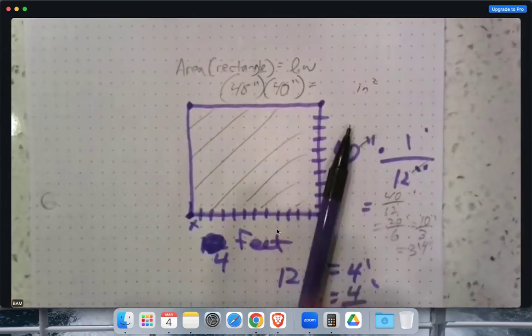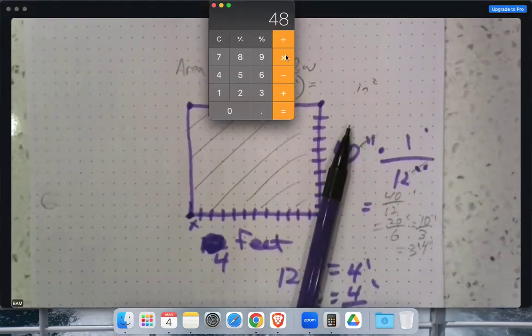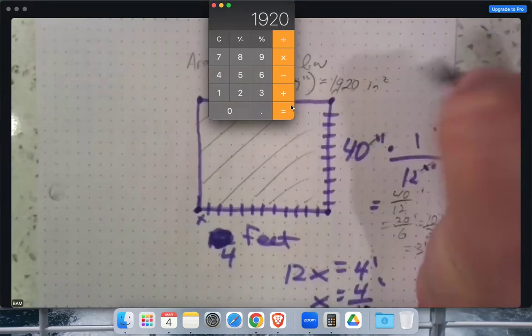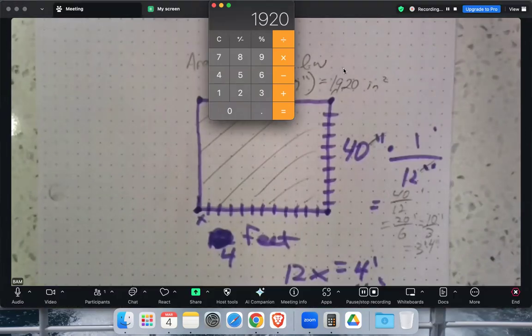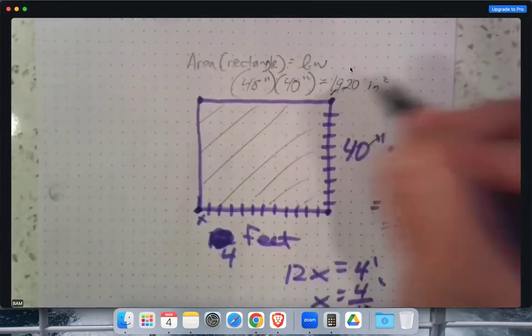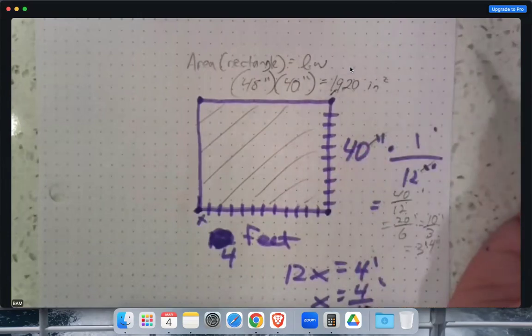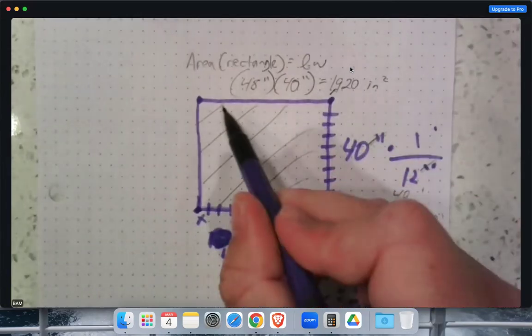And then 48 times 40 is 1,920 square inches. So in the US, we put a comma right here, but other countries don't necessarily do that. I think they might put it something else. So this is the area of this example.